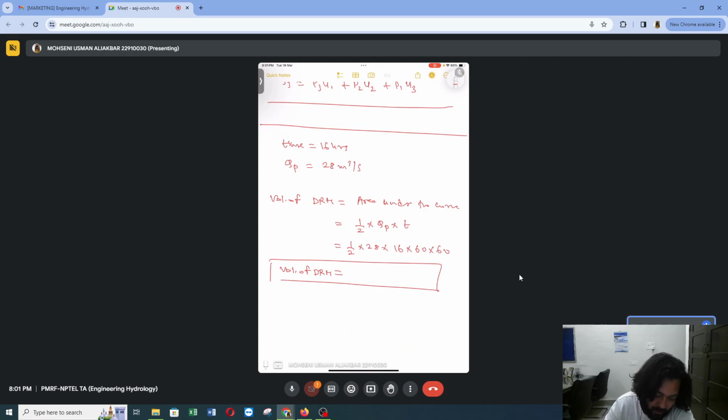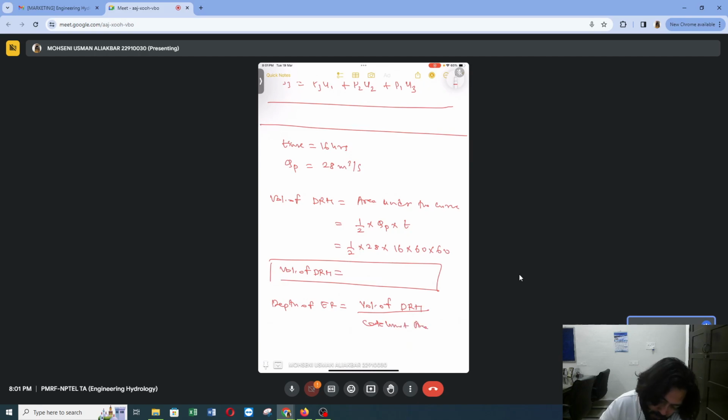Now the next thing is that they have asked us to calculate the actual area of the catchment. How can we do that? Since we know the volume, we can calculate the depth of ER. There is another formula: depth of ER is equal to volume of DRH divided by catchment area, right?